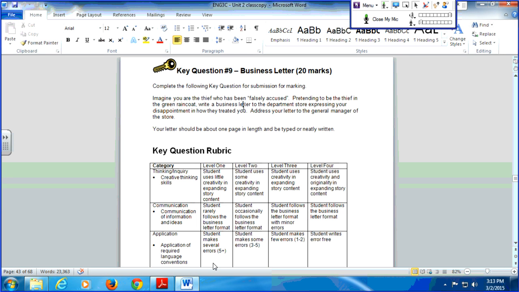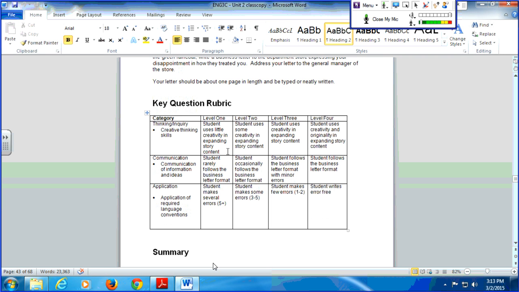So that is key question number 9. It's worth 20 marks. You see there's a rubric there that goes over exactly how you're being marked, what I'm looking for, and how you can ensure you get a high mark.